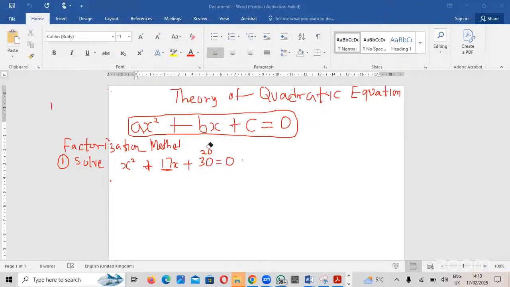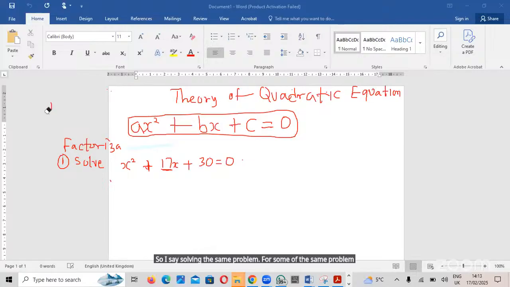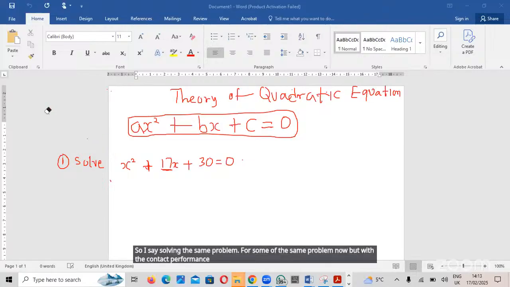So we're still solving the same problem now, but with the quadratic formula.